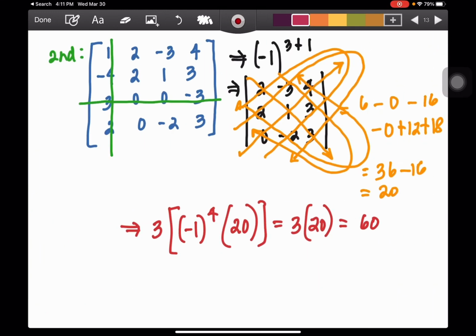Let's have the second one. Now I would like to decide whether it's going to be the column or the row that I want to be consistent. So in this case, I decided to make the third row to be consistent.